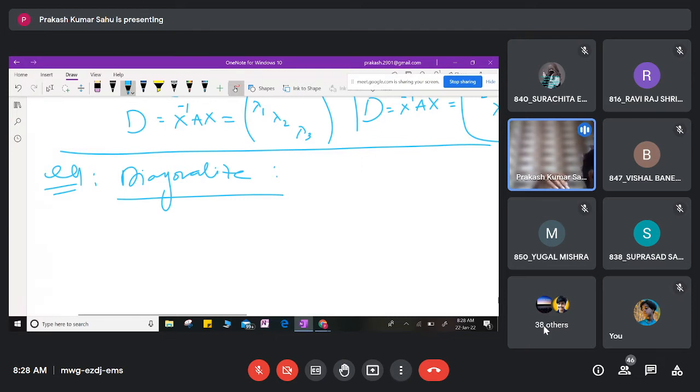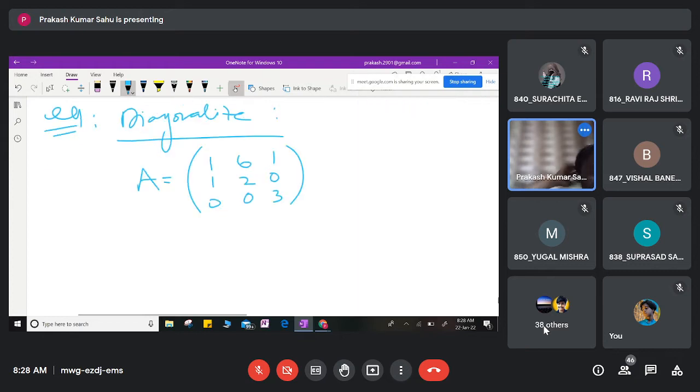Okay, so you write one matrix. Your A matrix is equal to 1 6 1, 1 2 0, and 0 0 3. Suppose this is your matrix. So you have to diagonalize it. First you have to find the eigenvalues.